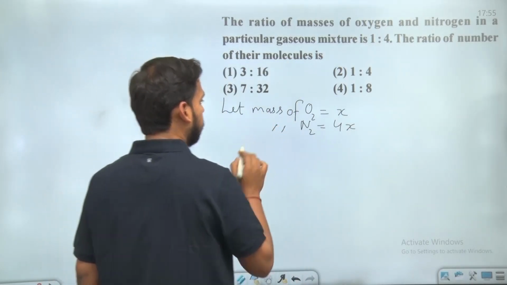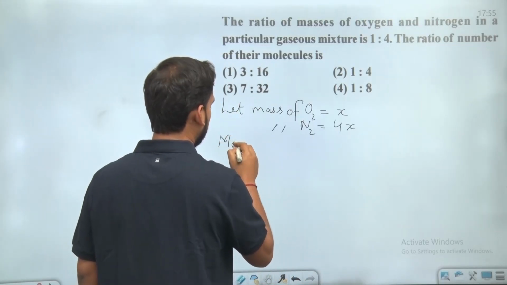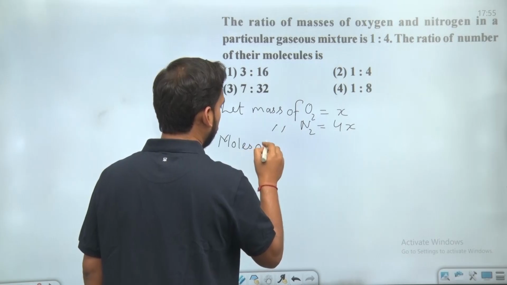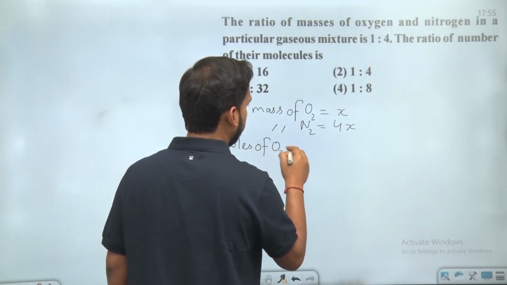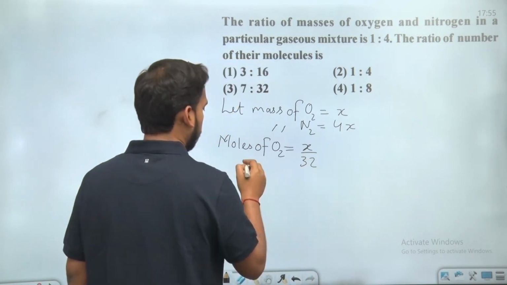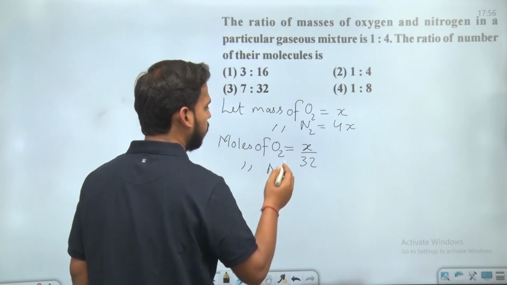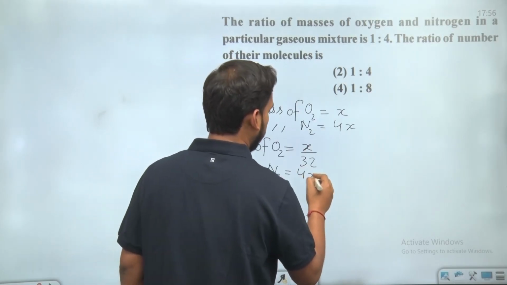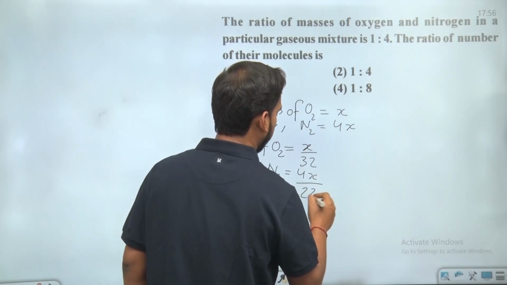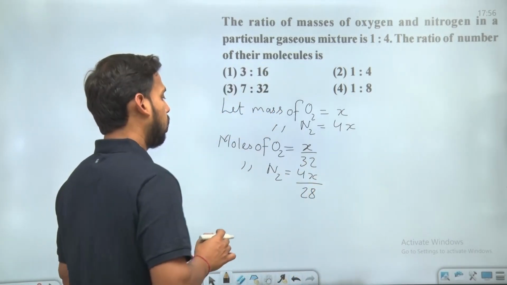Next we calculate the moles. Moles of oxygen will come out to be x by 32, and for nitrogen it will be 4x by 28, because the molecular mass of nitrogen is 28.